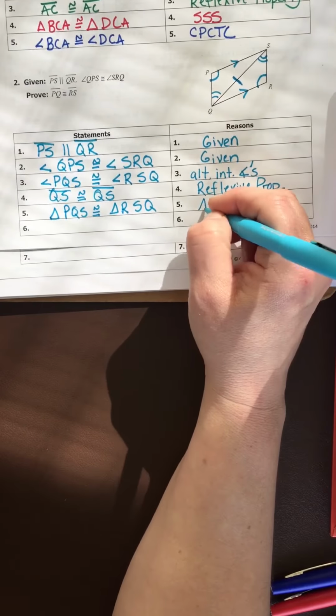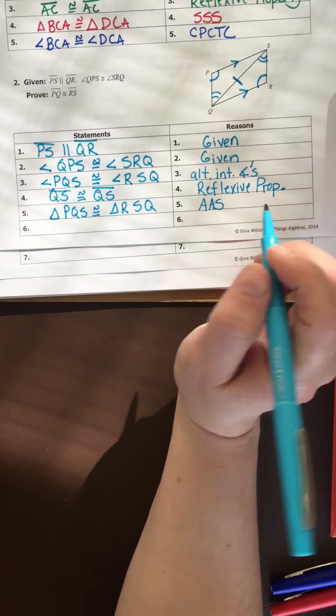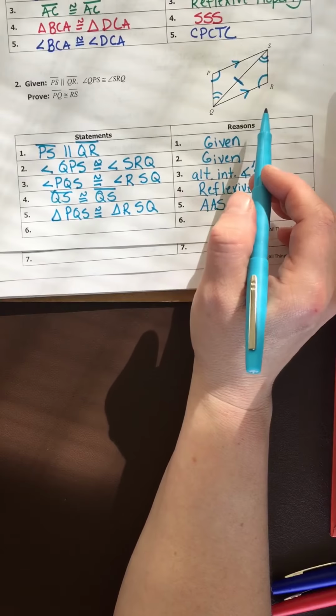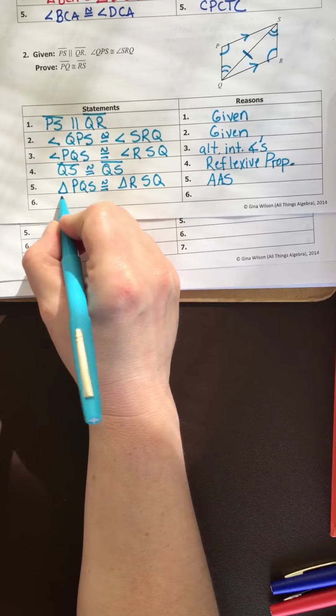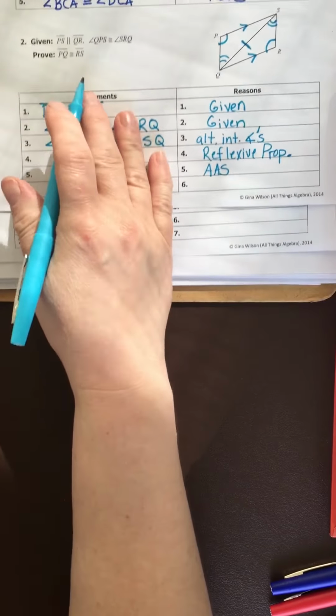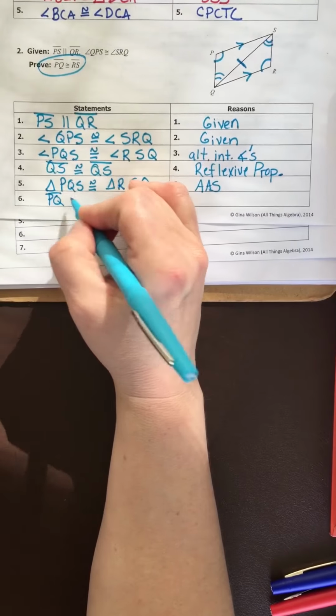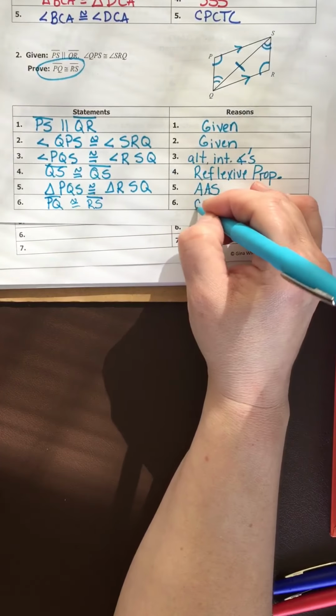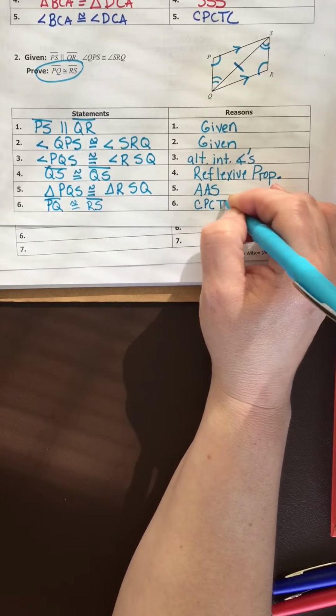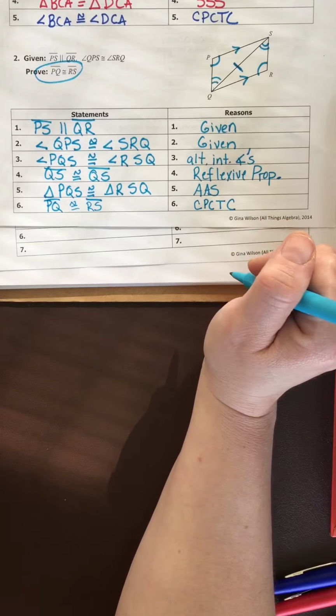So that will be angle, angle, side. And now, since the triangles are congruent, I know all of the corresponding parts are congruent. So that means that PQ must be congruent to RS, and that is by CPCTC. All right, let's do a few more.